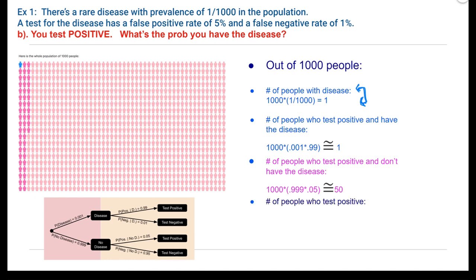And the number of people who test positive, therefore, is going to be 51. So if we think of, okay, what is my probability of the disease given I test positive? Well, that's 1 out of 51 just because we had such a small number of people with the disease to start with. So that prior information, that prior probability is huge in terms of affecting our final answer.